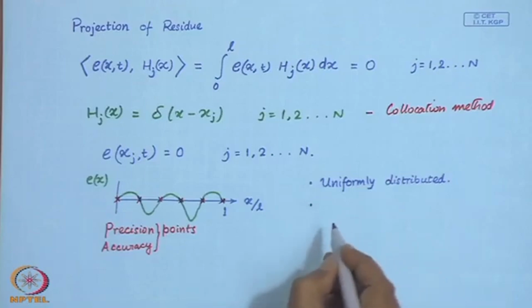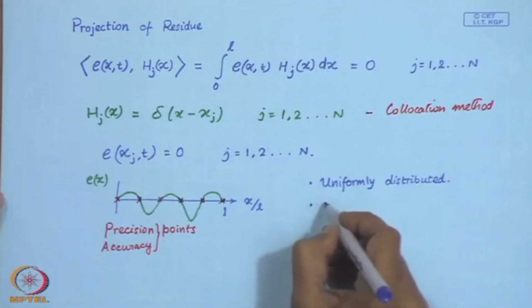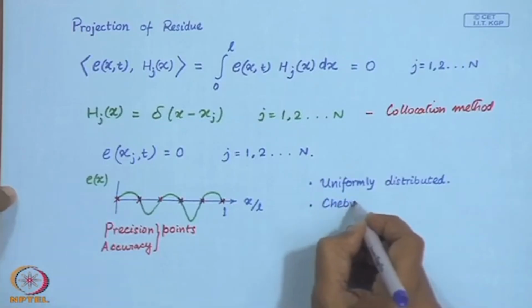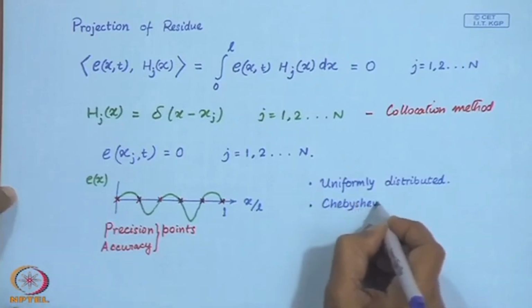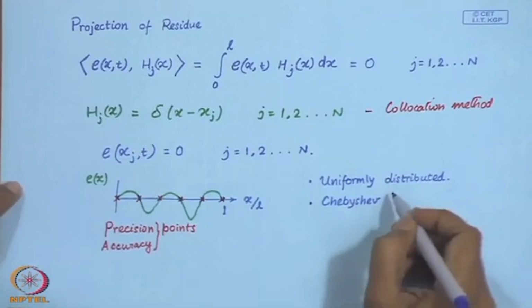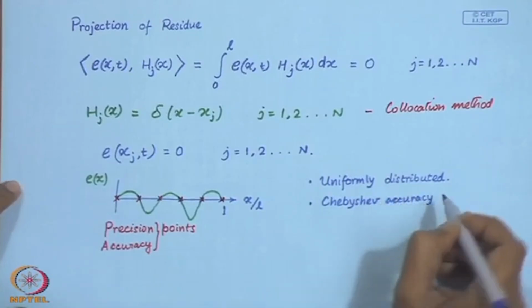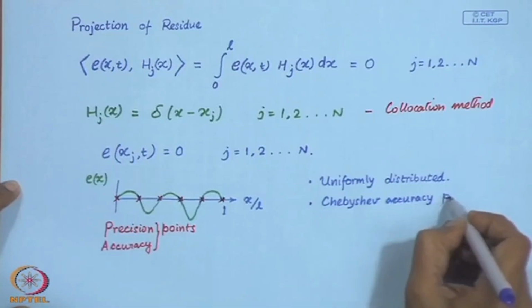A good way of choosing precision points is given by Chebyshev method, and they are known as Chebyshev accuracy points.